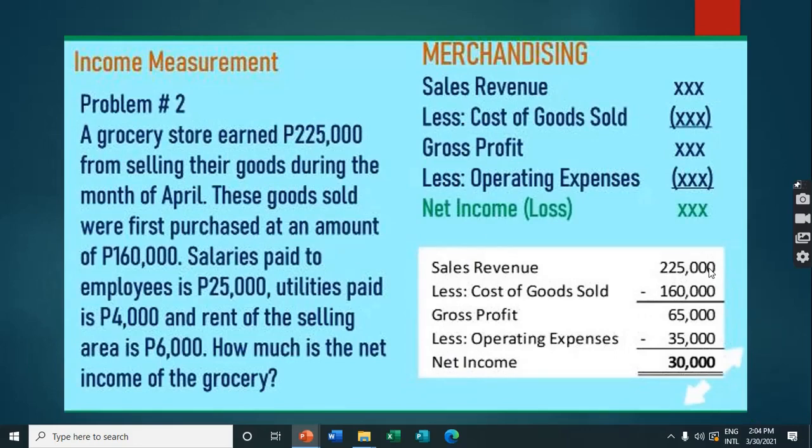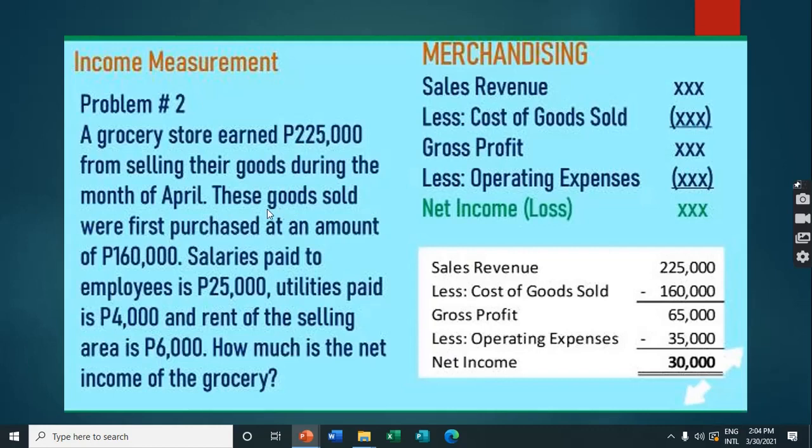Paano naman natin i-compute yung income dun sa merchandising business natin? Now, let's read the problem. A grocery store earned 225,000 from selling their goods during the month of April.